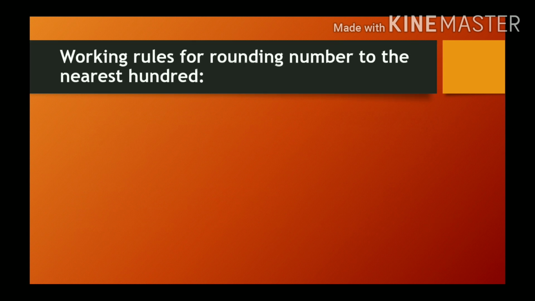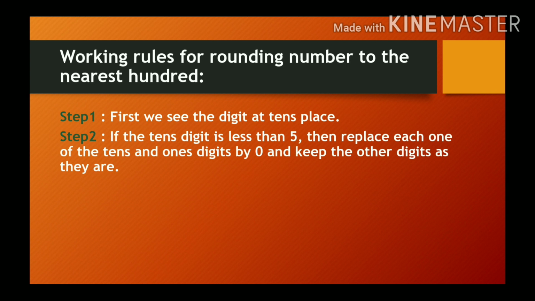Let's see the working rule for rounding numbers to the nearest 100. Step 1: First we see the digit at the tens place. Step 2: If the tens digit is less than 5, then replace each of the tens and ones digits by 0 and keep the other digits as they are.